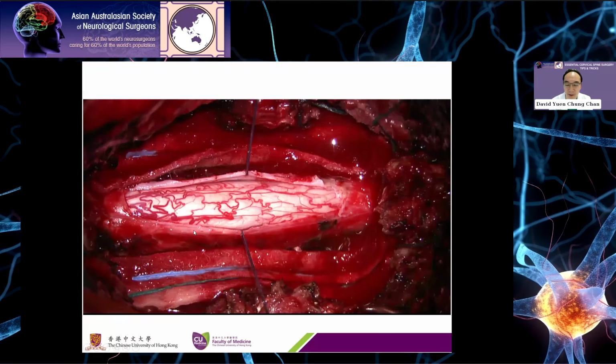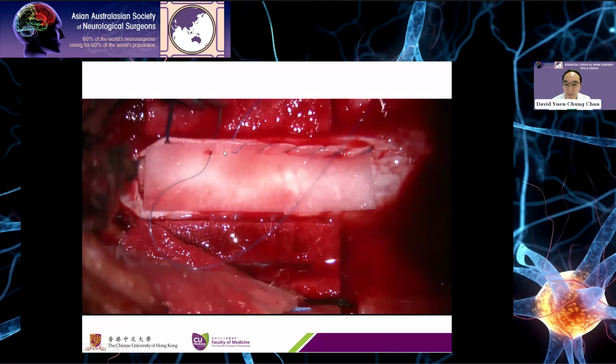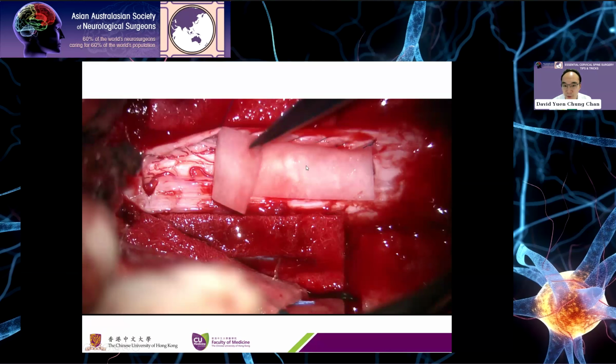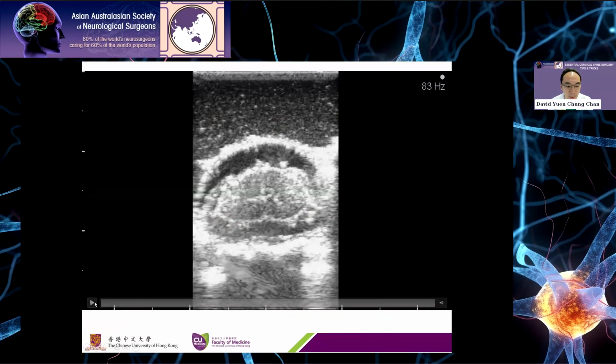Of course, in other well-selected cases, we need to consider the option of duroplasty, by making a longitudinal dural opening at the dorsal side, and then putting in stitches and expanding the spinal canal.